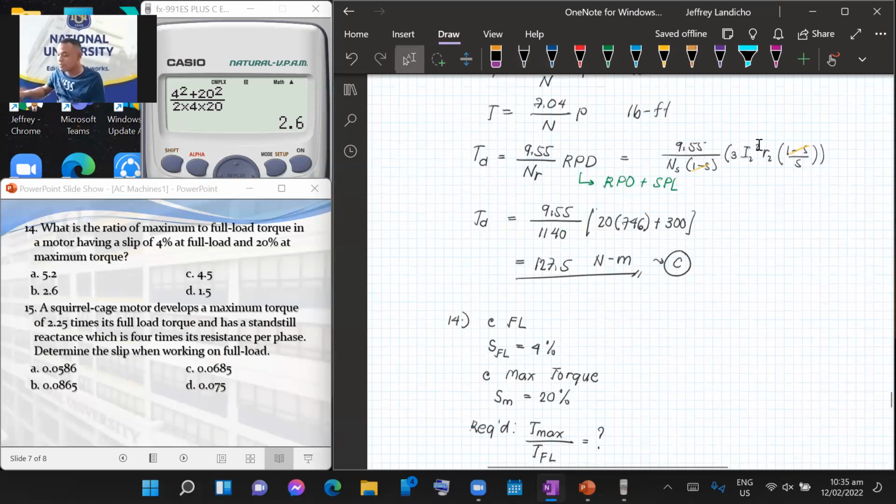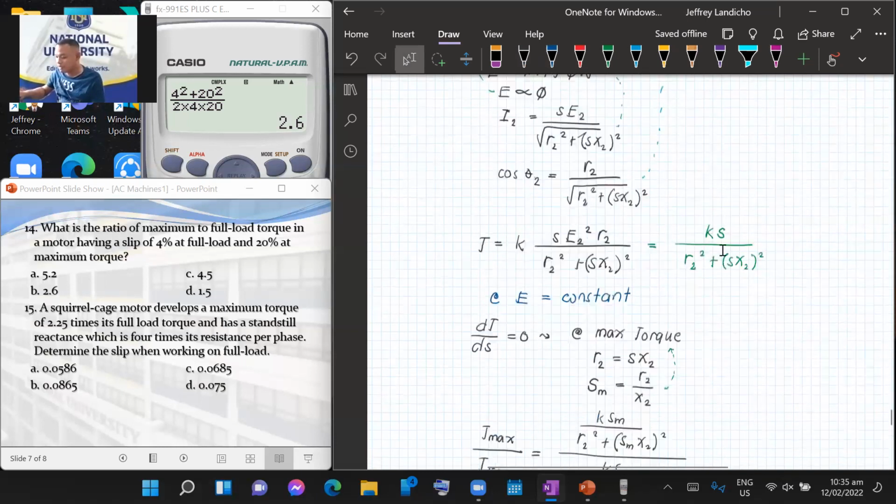So, magka-cancel din yung isang S. Babalik tayo dito. Tama, kapatid. The same lang din yung lalabas na equation. Kahit saan mo idaan yung torque equation. Basta general expression ng torque, eto yun, kapatid. Now, if E is constant, if the voltage is held constant, mas simplified ka siya. That is only S over R2 squared plus SX squared.